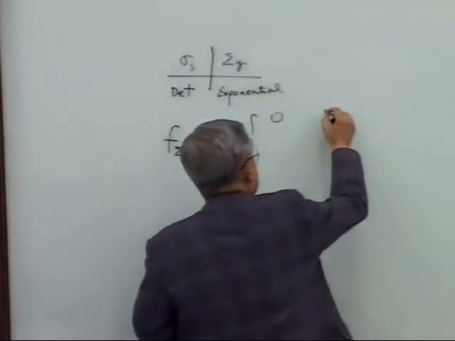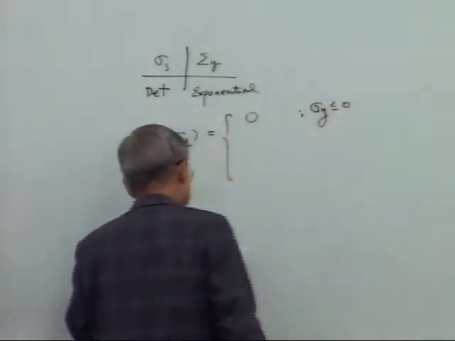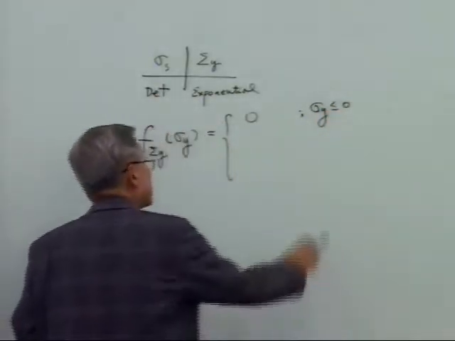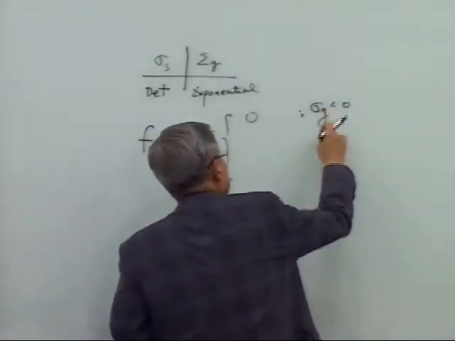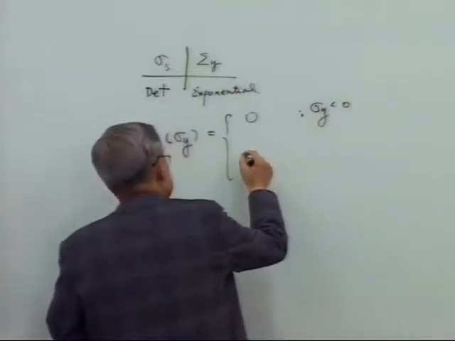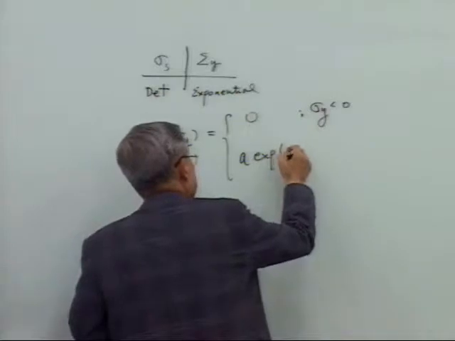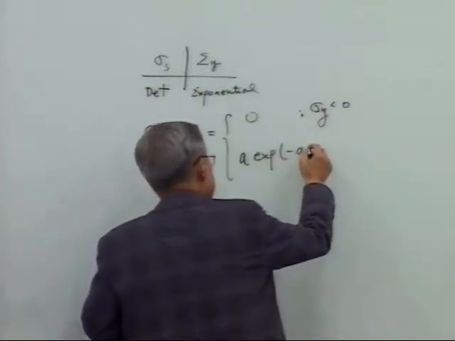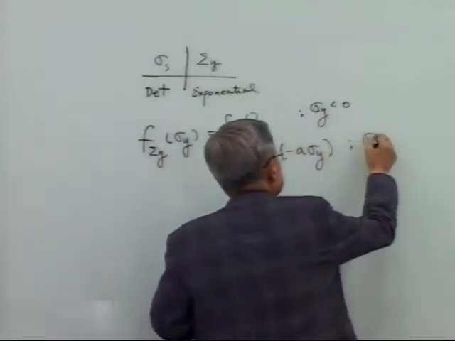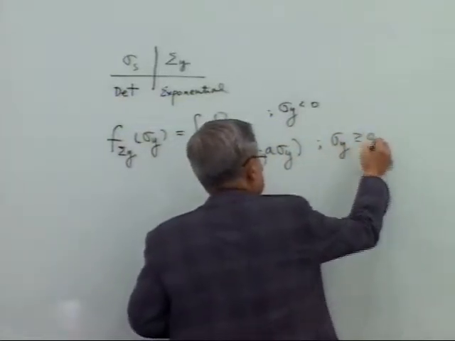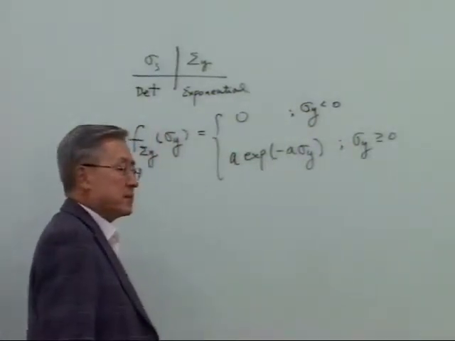If this is below or equal to 0, or you can include 0 down here. So the density is a exponential of minus a sigma y, where sigma y can include 0. Okay.